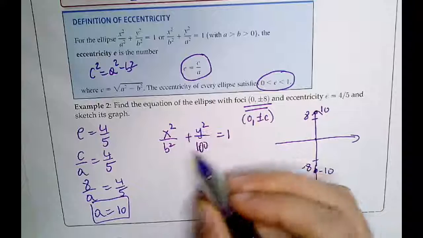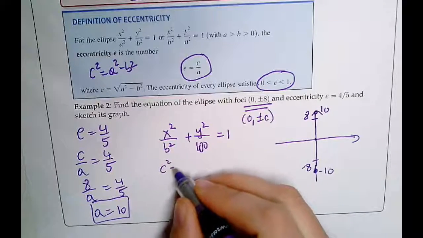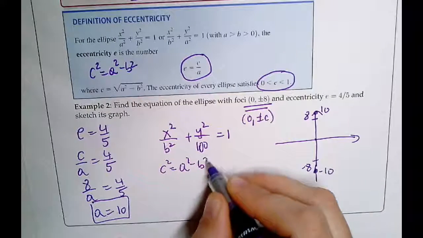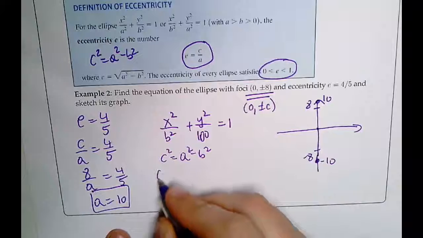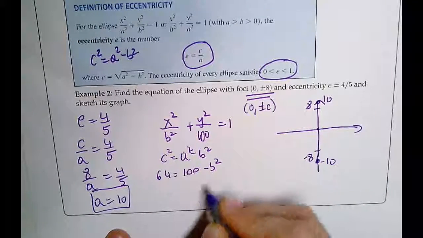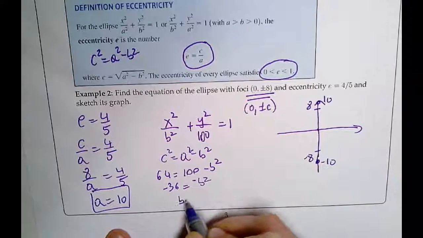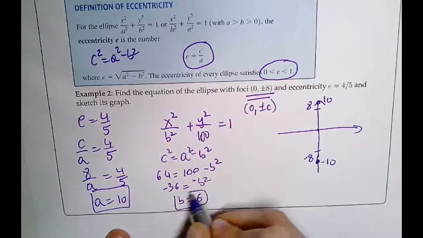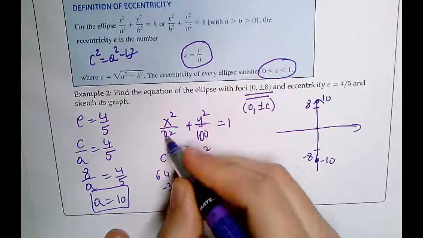So all we need to do is find B squared, or B. So I know that C squared equals A squared minus B squared. So C squared, C is 8. So it's going to be 64 equals 100, because A squared is 100, minus B squared. So negative 36 equals negative B squared. So B equals 6. So that means that my equation, instead of B squared, I'm going to put 36.